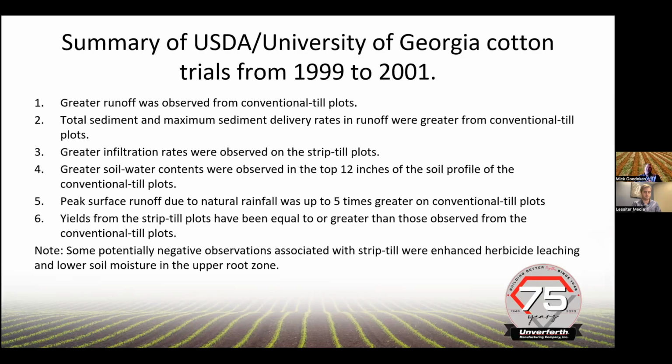Doesn't surprise me a lot. The other thing they observed was lower soil moisture in the upper root zone. I can combat that and say, hey, we had more roots there. It went into the plant. Now, if we could turn back the clock and redo this study and observe the moisture in that plant, I really would like to see those results.